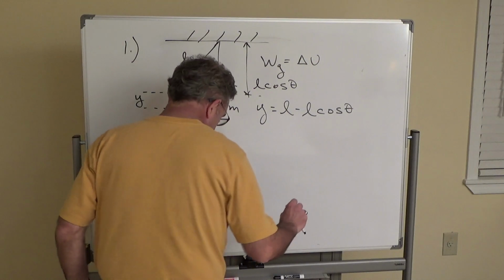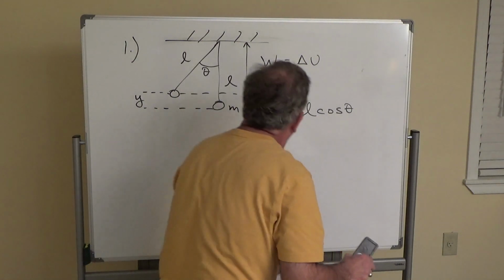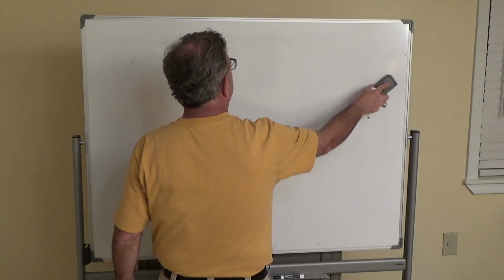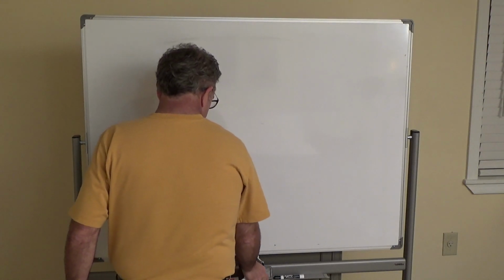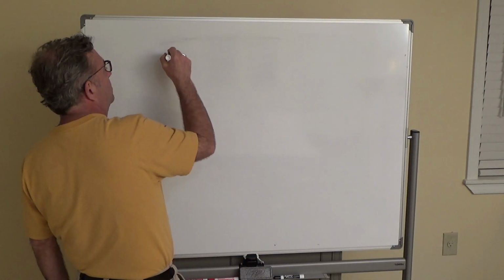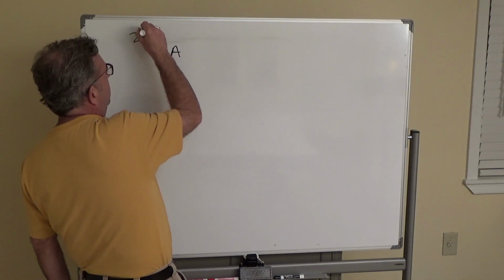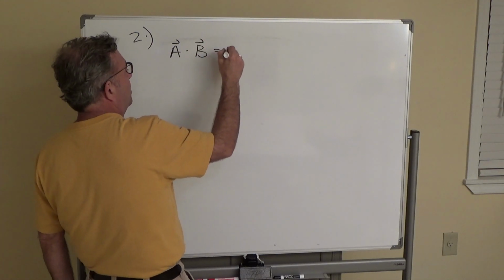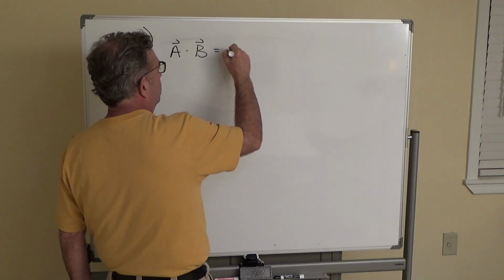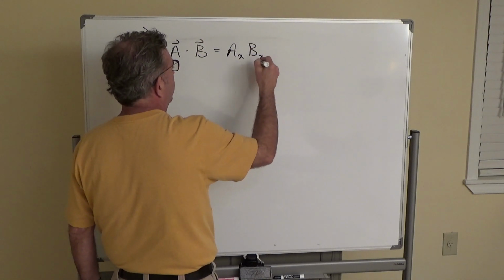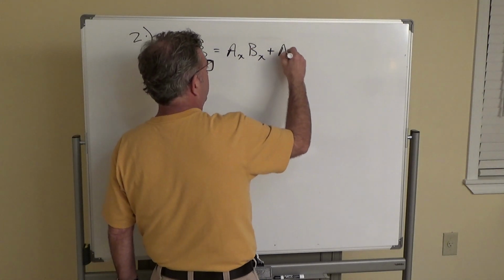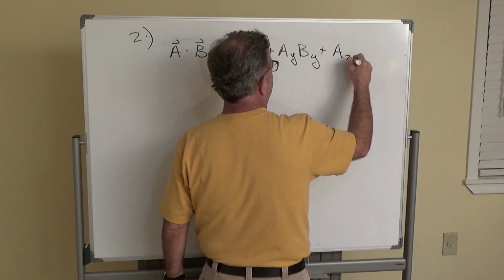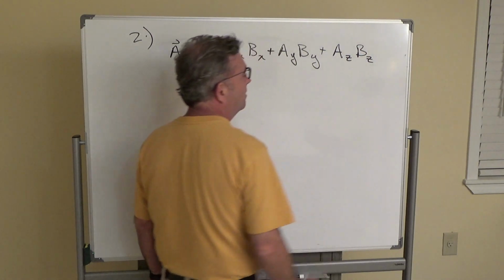Number 2. Number 2 is just a little exercise with taking dot products. So if you have two vectors in component form, A dot B, let's say they're three component vectors, you know that it's AX BX plus AY BY plus AZ BZ.